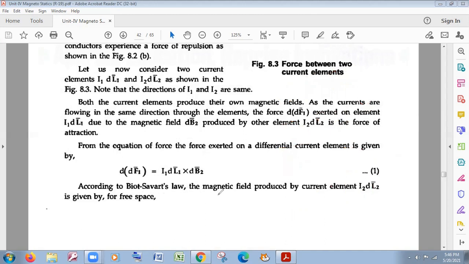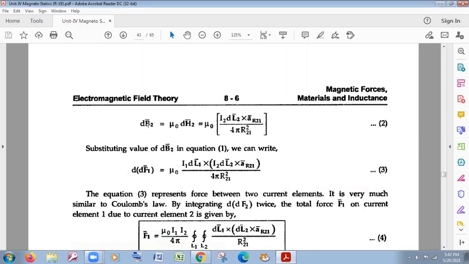According to the Biot-Savart law, the magnetic field produced by the current I2 dL2 bar in free space is given by B2 equal to mu naught into H2 bar. If I take the differential, dB2 bar is equal to mu naught into dH2 bar.